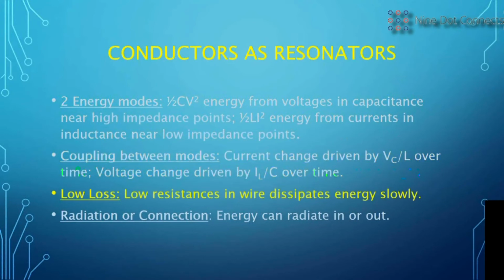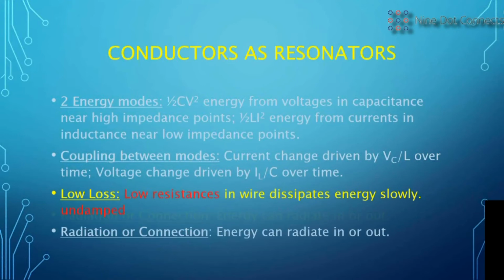We also have low loss typically because a wire dissipates energy fairly slowly. This means it will typically be relatively undamped. We also have radiation and connection between most of these circuits because they're typically driven at one end and received at the other, or something to that effect. Energy can get in and out.